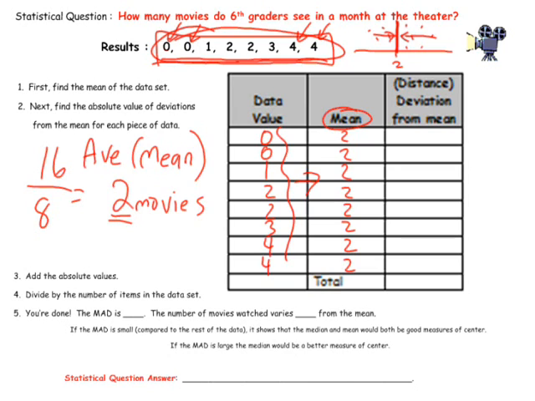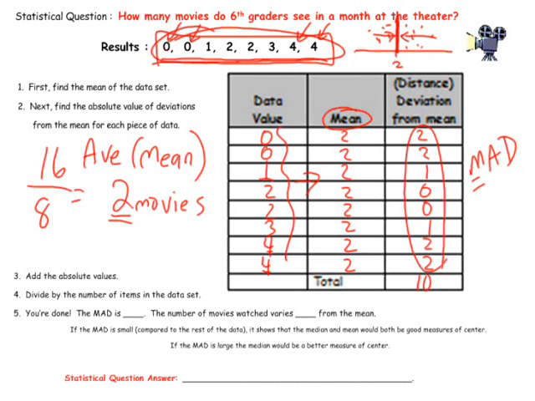Well, 0 would be 2 away. 1 is 1 away from 2. 2 is right at the average. 3 would be 1 away. And 4 would be 2 away. So I'm going to add all these up and I get 10, because remember, mean absolute deviation is the average distance from our middle.